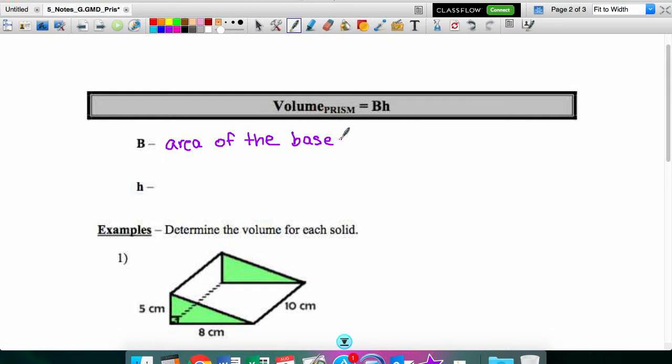Keep in mind, I'm not giving you all of the area formulas again because you already have them in your 9.1 and 9.2 notes, so you should refer to those notes as needed. The H in your volume of the prism is the height of your prism. I refer to this as the length from base to base.